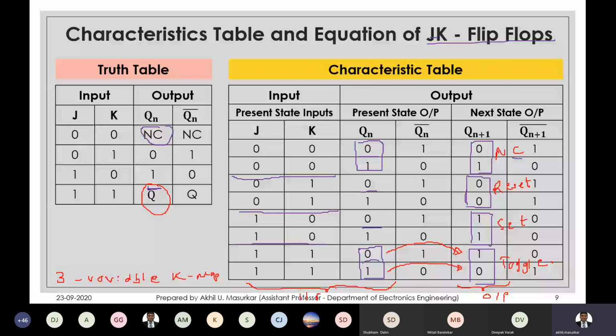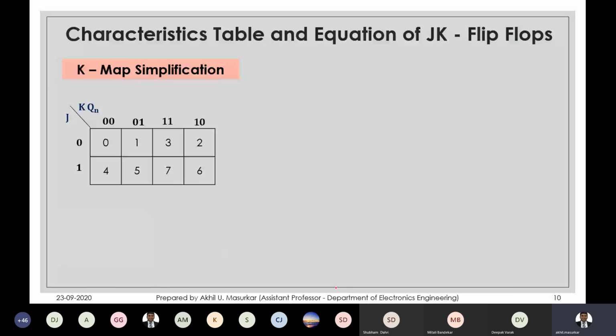Okay, I'm going to the next thing, that is K-map simplification. You can see in which places the output was 1. For 1 the output is 1, then 2 and 3 the output is 0, then again 4 and 5 the output is 1.